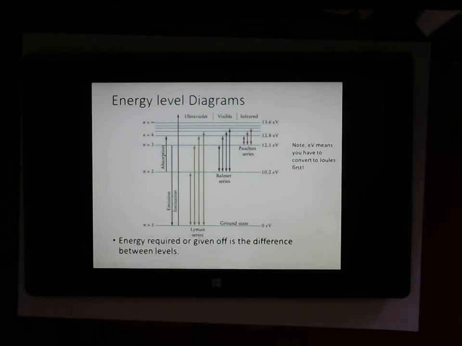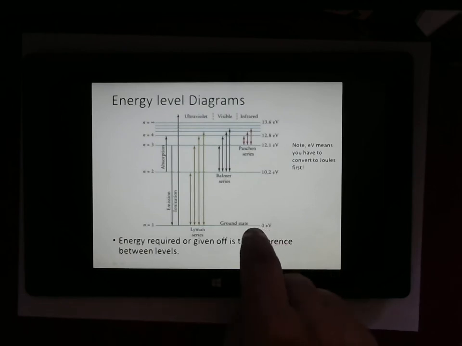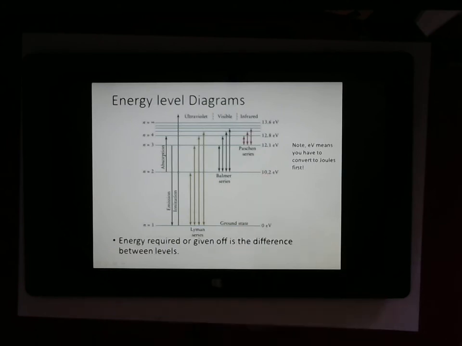It's just how it's presenting it that is different. And ultimately, from 0 to n equals infinity, 13.6 electron volts would still be 21.7 times 10 to the negative 19 joules, because remember, we're multiplying it by that 1.6.